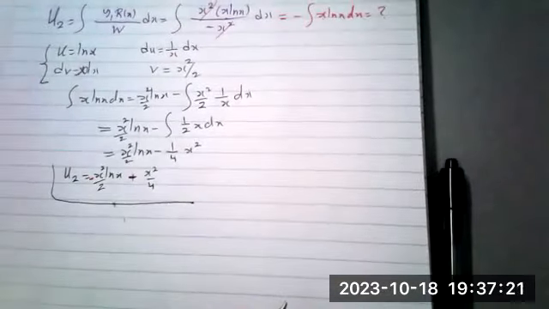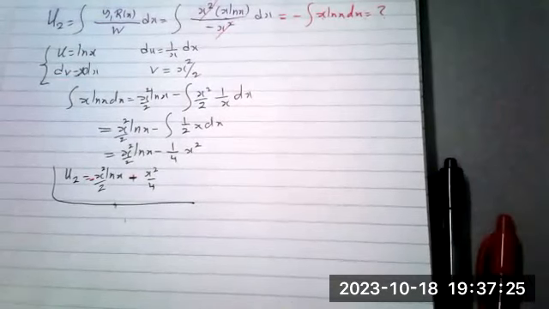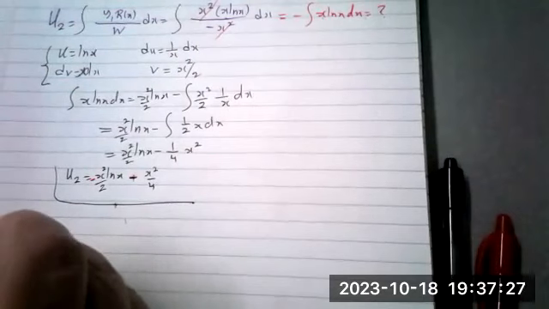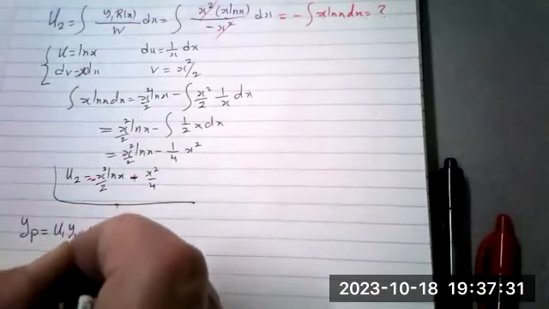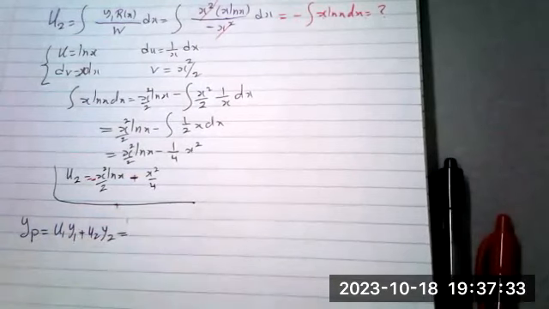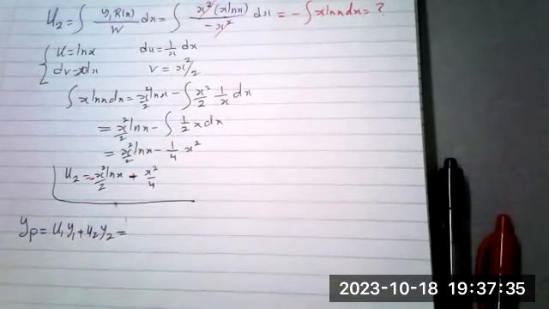Okay, so we have to go back and put them together to get the yp. If it's possible, we simplify it. So there you are. yp equals u1 y1 plus u2 y2. So we did the u1. What was the u1?